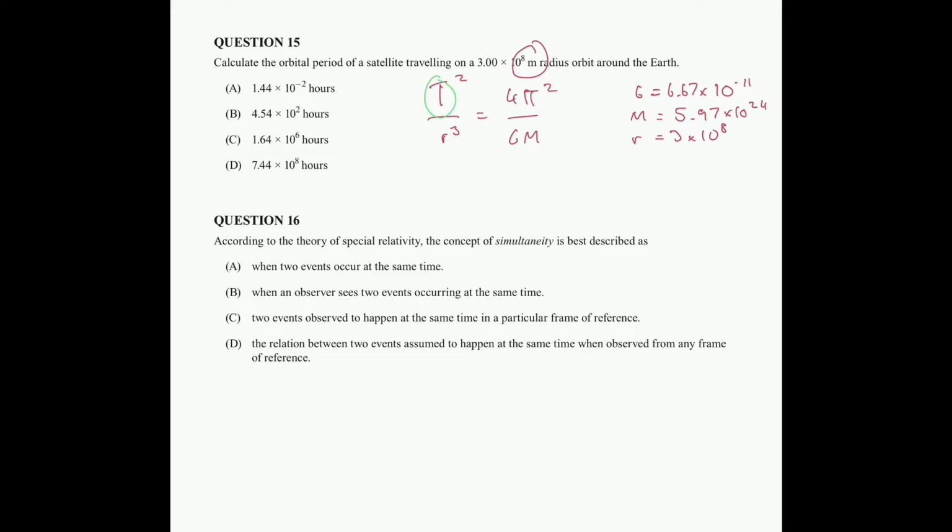At this stage you should be able to move through it quite quickly. The first thing you're going to move is that R to the power of 3, and it's going to be multiplied, and then I'm going to get rid of that square. So the end solution looks a little bit like this: T equals the square root of 4 pi squared on GM multiplied by R cubed.